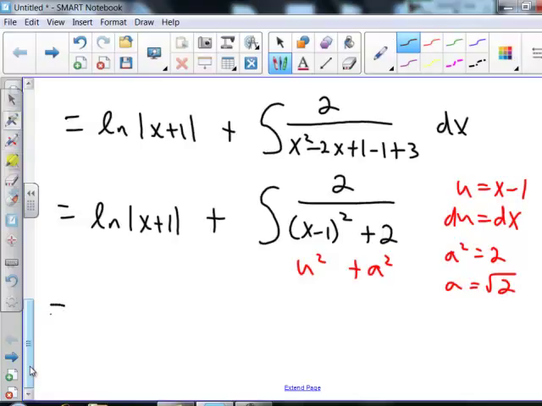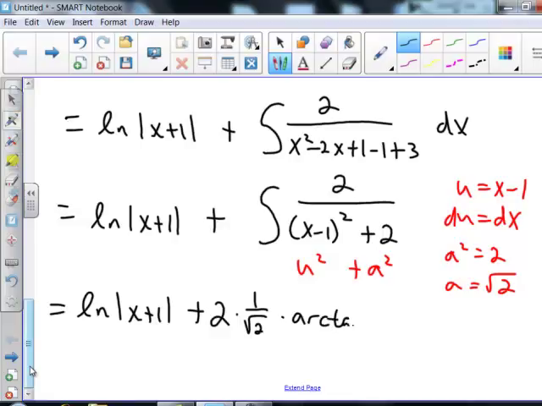Alright, so we're home free now. So this is the natural log of the absolute value of x plus 1 plus 2 times, got the 2 in the numerator, and then 1 over the square root of 2 times the arctangent of x minus 1 over the square root of 2. So the arctangent of u over a.